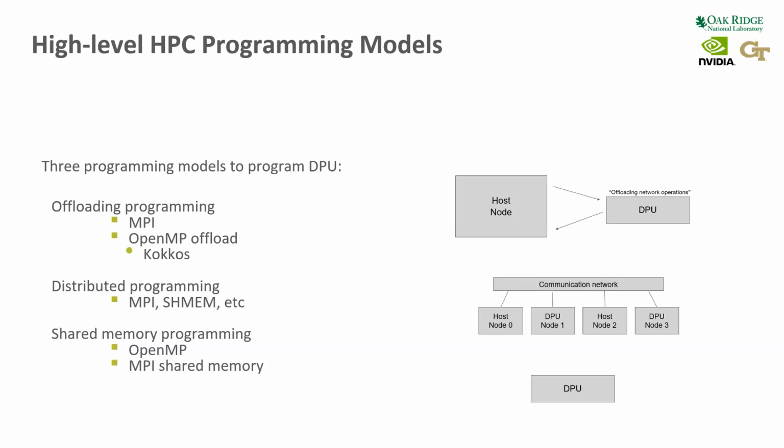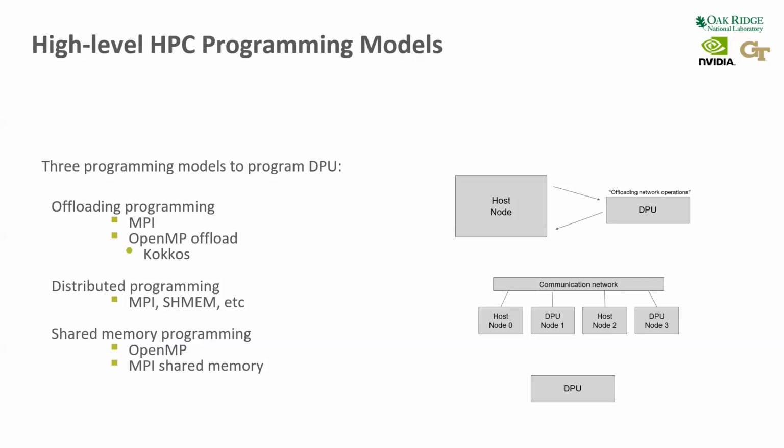And then there is the other programming model, OpenMP offload, which is a directive-based programming model that we can use to specify a target architecture or an accelerator. That programming model allows you to offload not only network operations to the DPU, but also some computations as well.